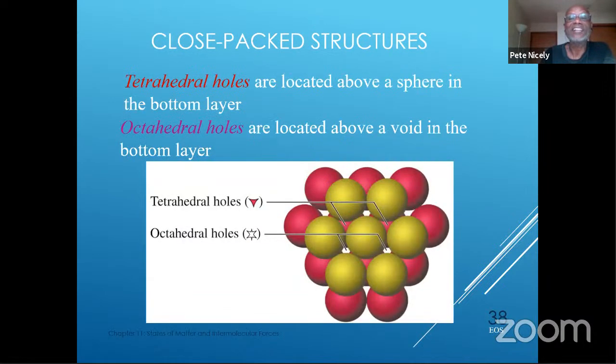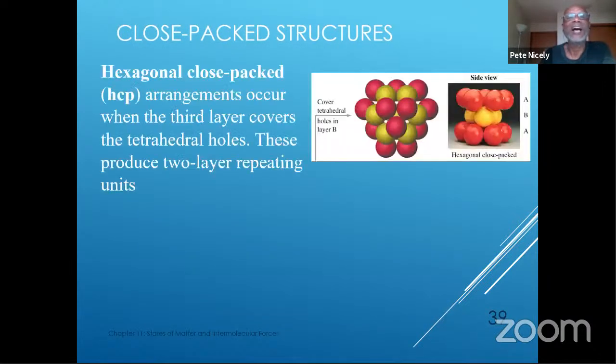If you have a sphere stacked above the tetrahedral holes, then the resulting structure would be called the hexagonal close pack structure, all right? When the spheres cover the tetrahedral holes, this is what it looks like from above, and if you were to turn it sideways, it's going to look like this.